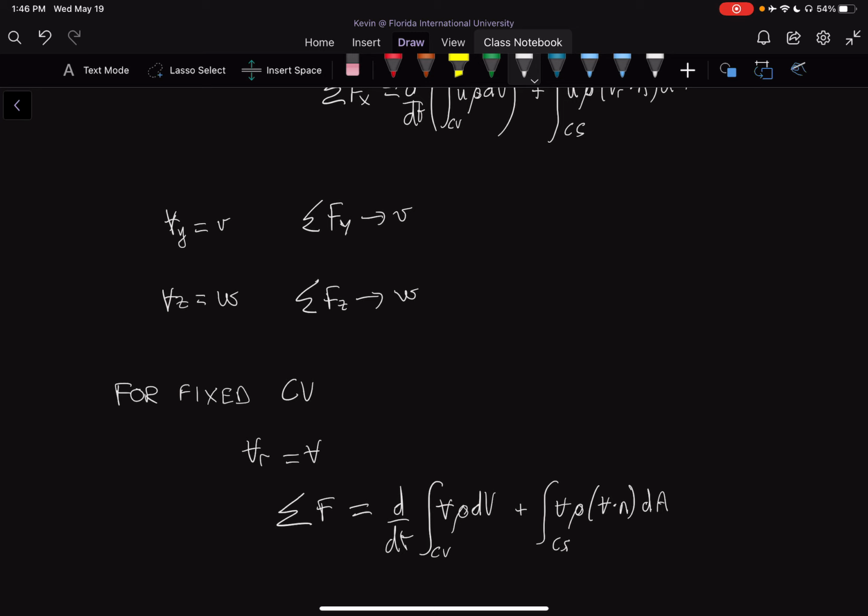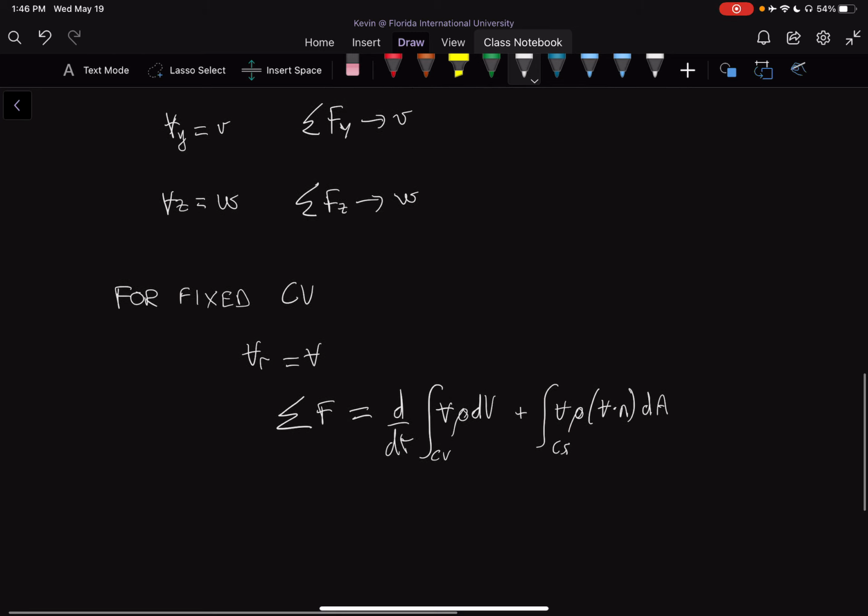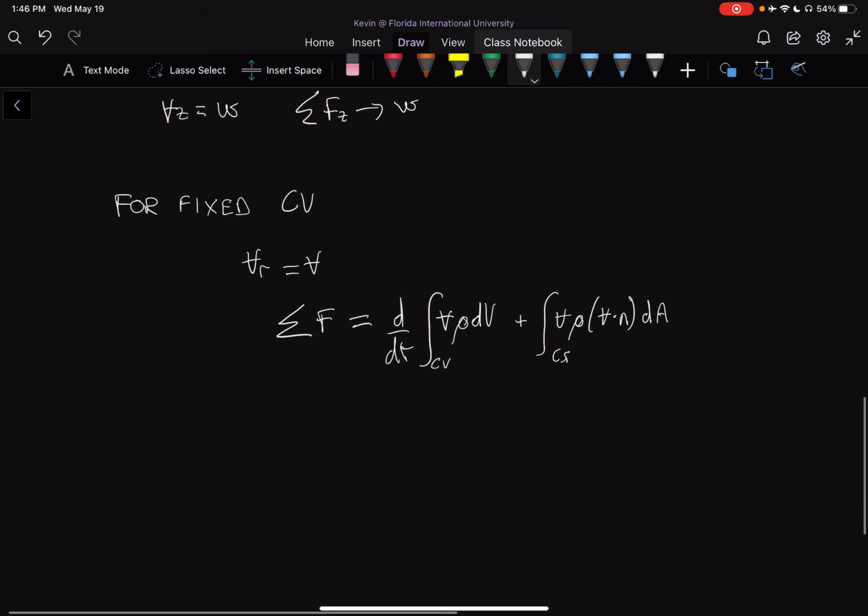Okay, and we're going to come up with new terms called the momentum and momentum flux. So we're going to look at what one-dimensional momentum flux means, and how we can use that further along.